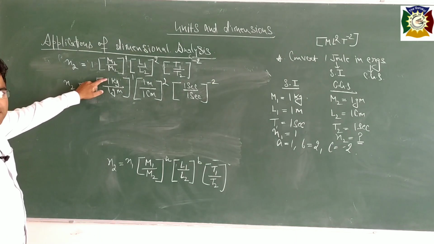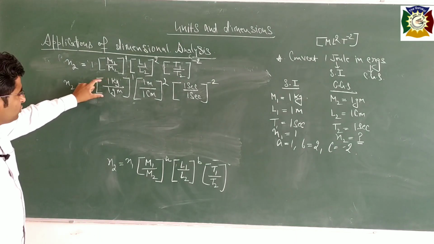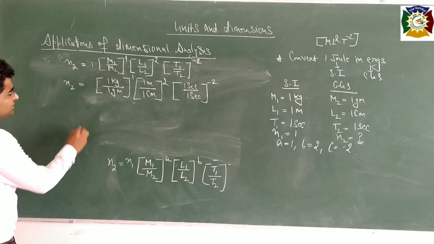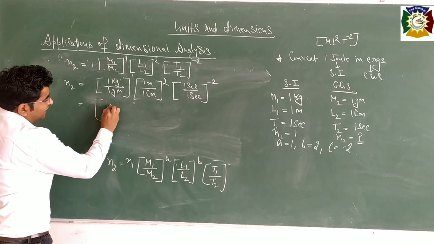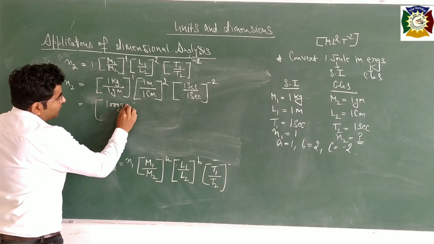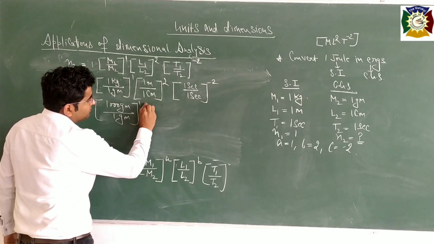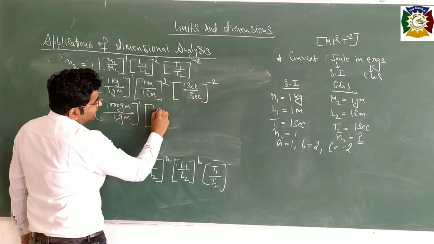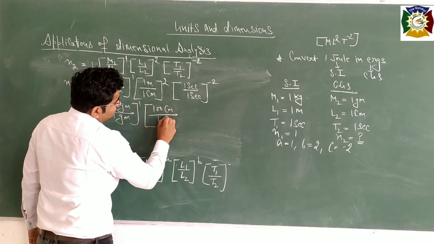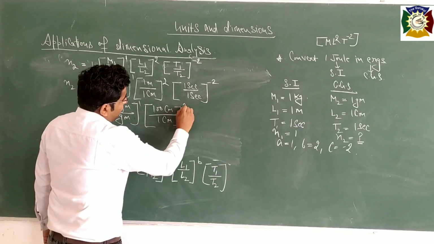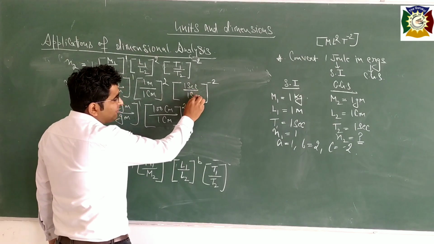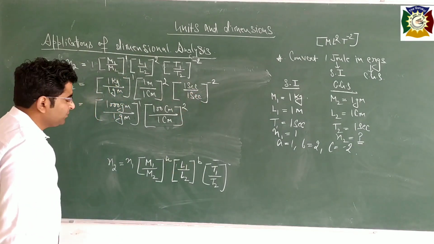So in 1 kg there are 1000 gram, so the value will come out to 1000. 1 meter is 100 centimeter, power 2. 1 second cancels out. Clear? Okay.